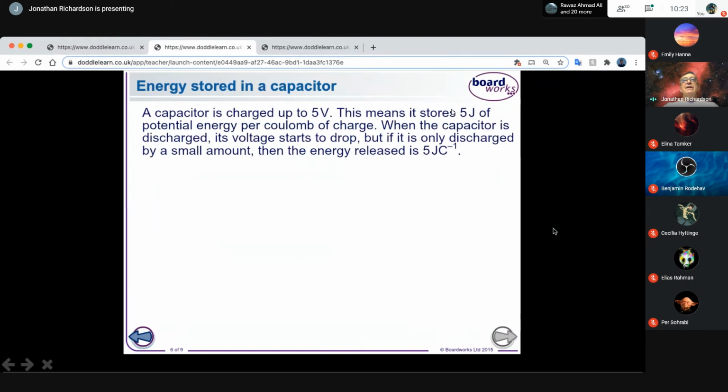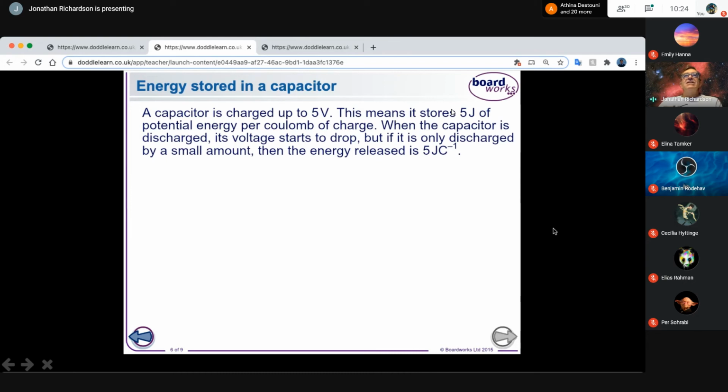Right. Now, if we talk about these types of devices, they deliver a charge over a period of time. And we have to remember that a capacitor is chargeable and stores energy. So let's take a capacitor charged up to 5 volts.